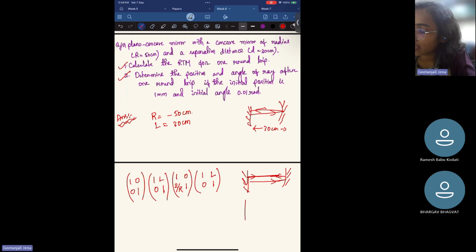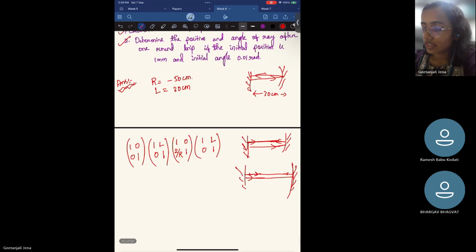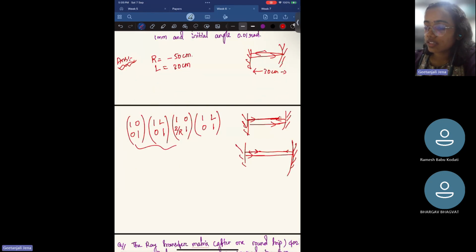So these are the 4 matrices for one round trip. Let's say for this setup, you started from here. It propagates to the second mirror, gets reflected, again propagates towards the plane mirror, then it is reflected. So this defines the one round trip, right? So this means this is the RTM of the one round trip for this setup.